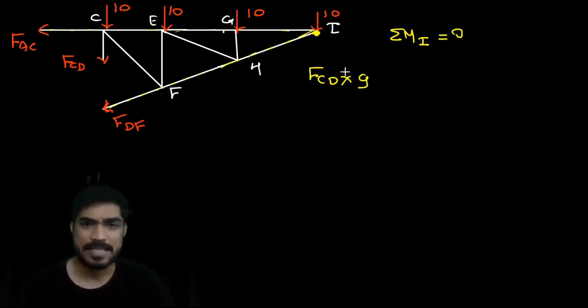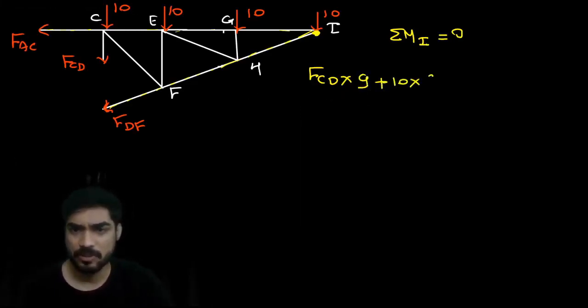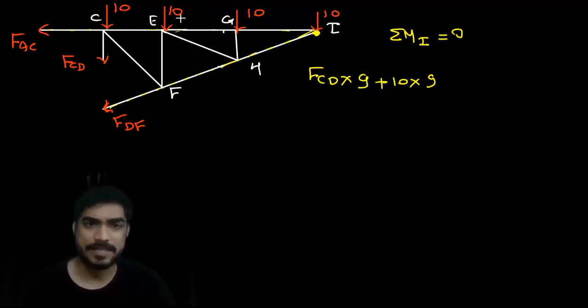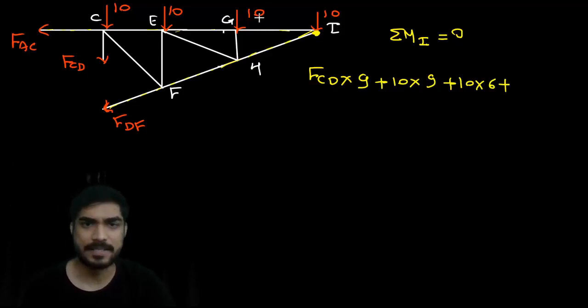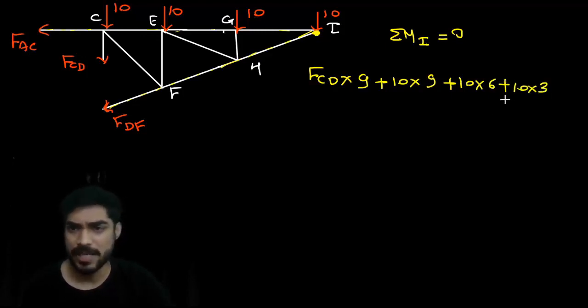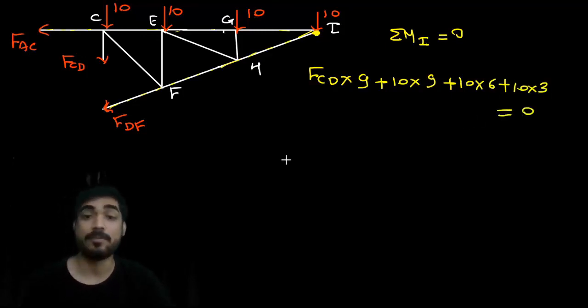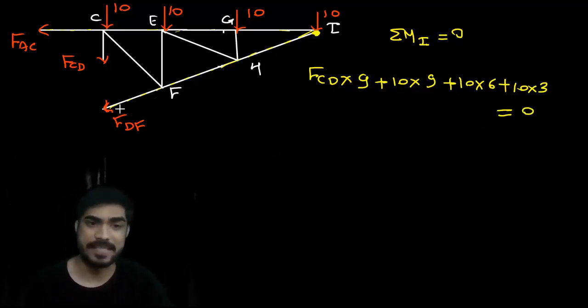Plus 10 into 9 plus this 10 into 6 plus this 10 into 3 equal to 0. This is the moment na. All these moments are clockwise. Okay. So my friend, what you will get?